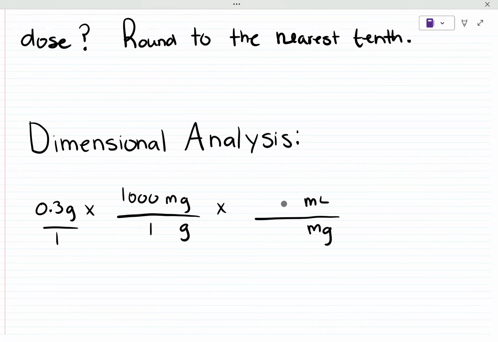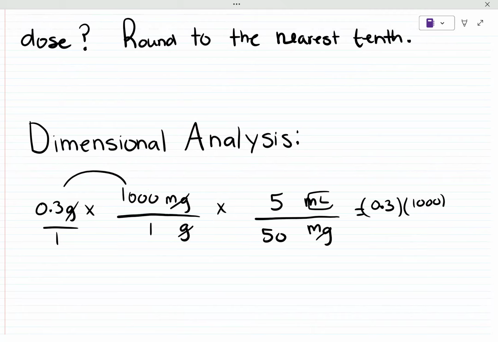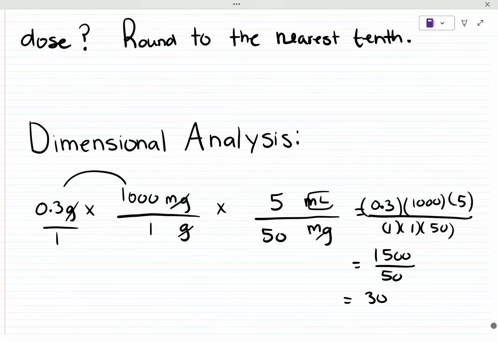Then our availability is 5 milliliters for 50 milligrams. The grams disappear, the milligrams disappear, and you're left with milliliters. Multiply straight across: 0.3 times 1,000 times 5, over 1 times 1 times 50. That's 1,500 over 50, so I have 30 milliliters.